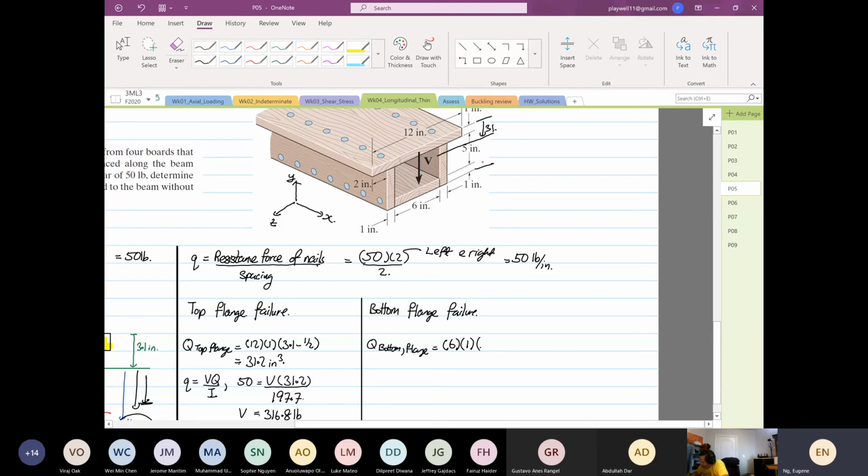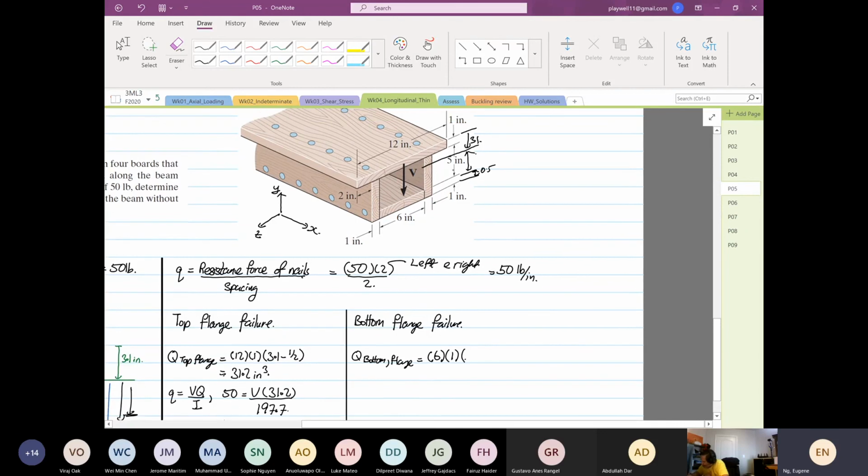So we know half of here is 0.5. All we need to do to find it is 0.5 plus 1 plus 1, the whole thing, minus 3.1.